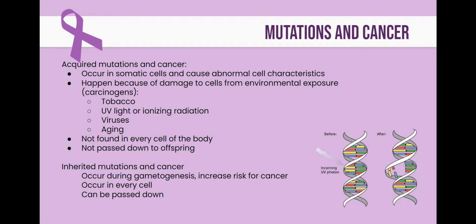Ionizing radiation. So, for example, Hiroshima, when there was a nuclear explosion, people were exposed to massive amounts of radiation, and they quickly developed different types of cancers, especially leukemias. And you saw it throughout the lifespan.